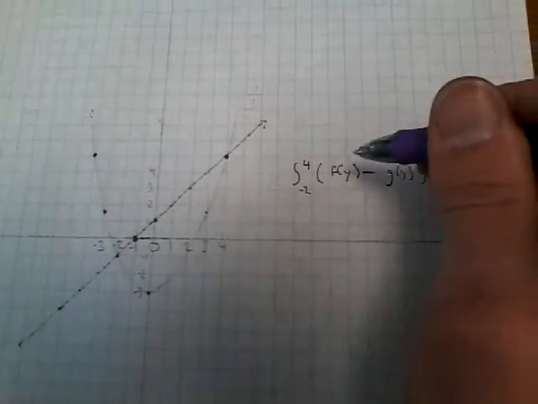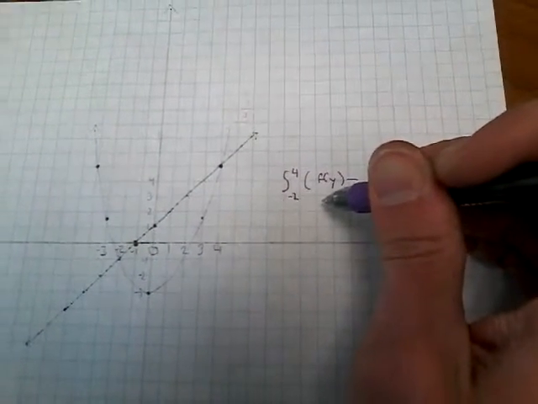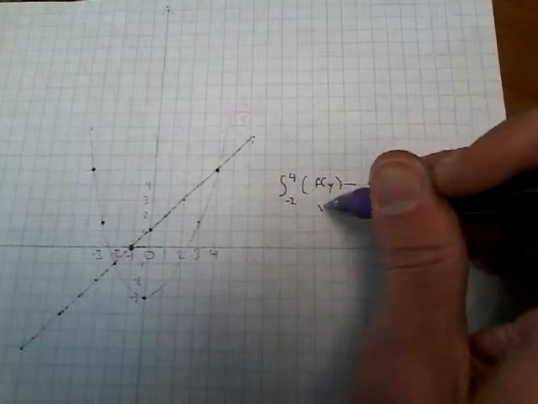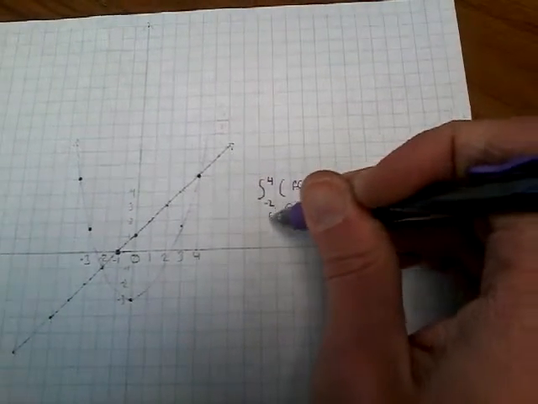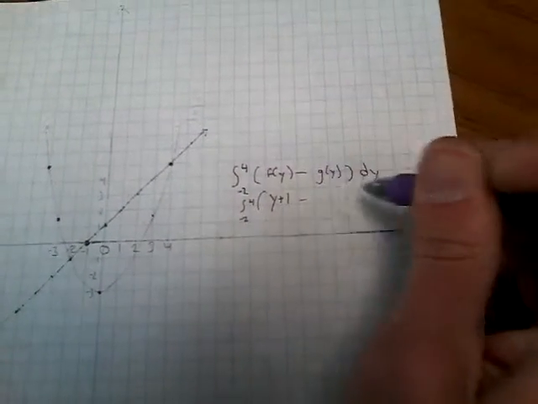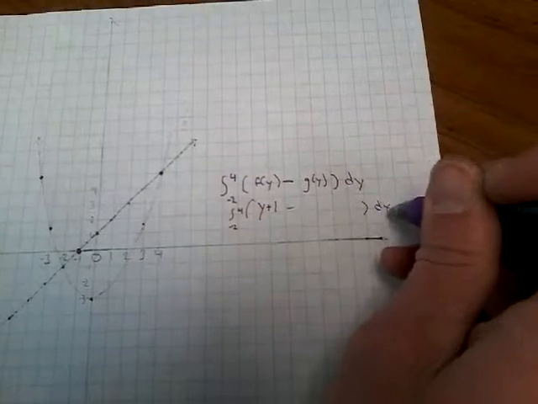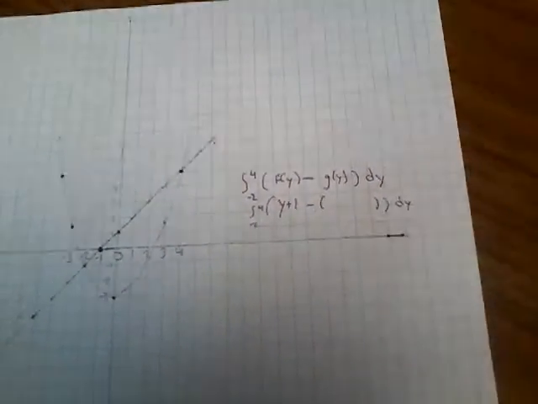So the straight line is f of y, y plus 1. The integral from -2 to 4 of f of y minus g of y. Let's see what we need to substitute in place of g of y.